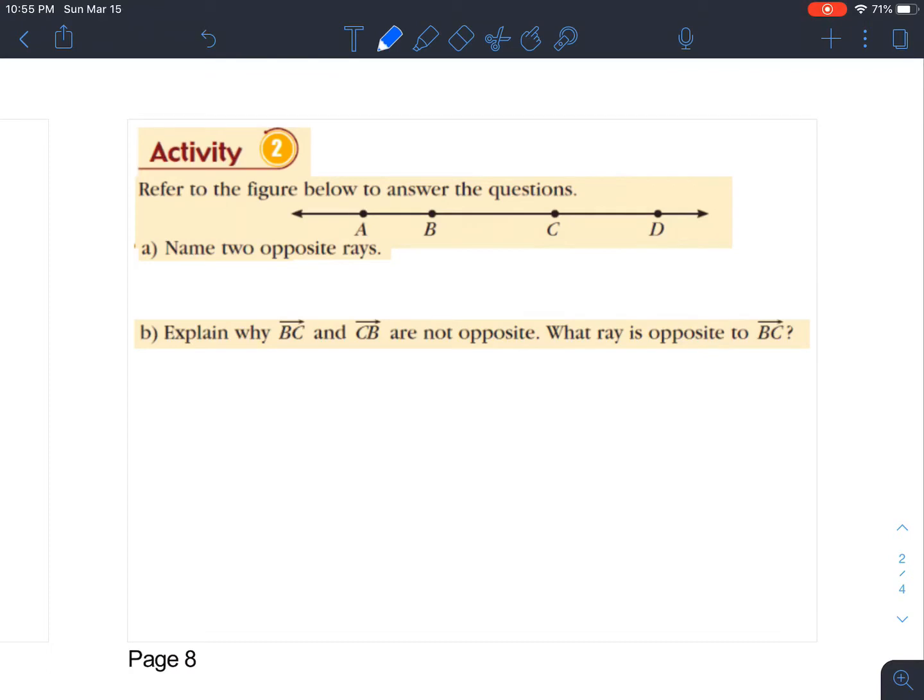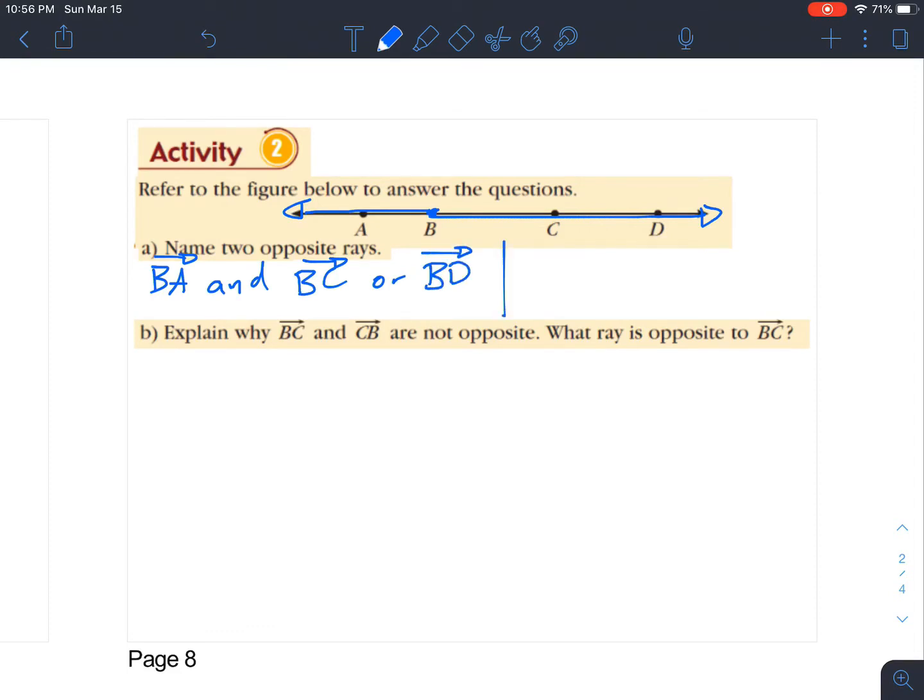Okay, so for part A, we are supposed to name 2 opposite rays. There's a lot of them in this picture. So what we could do, if we started at point B and we went to the left, we could say then that we've got ray BA. And then if we go the opposite direction from there, you either have BC or you could have used BD.